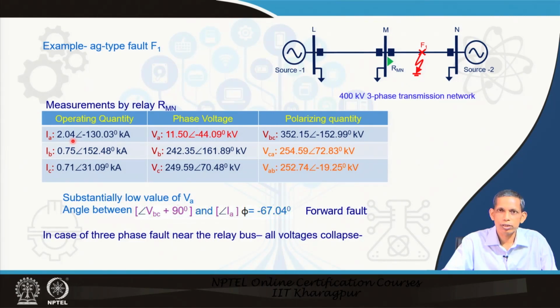The fault is AG type, phase A to ground fault. So, if the relay rejects the phase voltage, saying this is not acceptable, then it will be using VBC, which is a better option.